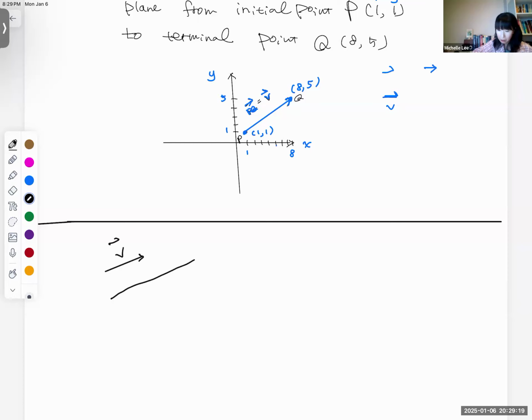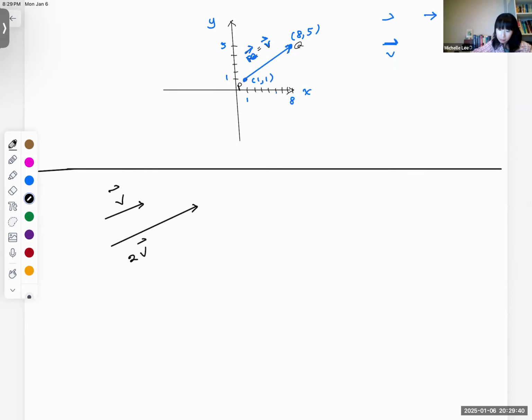Oh, I think I should make it bigger at first. I think this is the one. Do you think so? So 2 times vector v, yes? Approximately, right? How about 1/2 of vector v? That means make it shorter, right? So let me write down here. How about that? Yeah, 1/2.